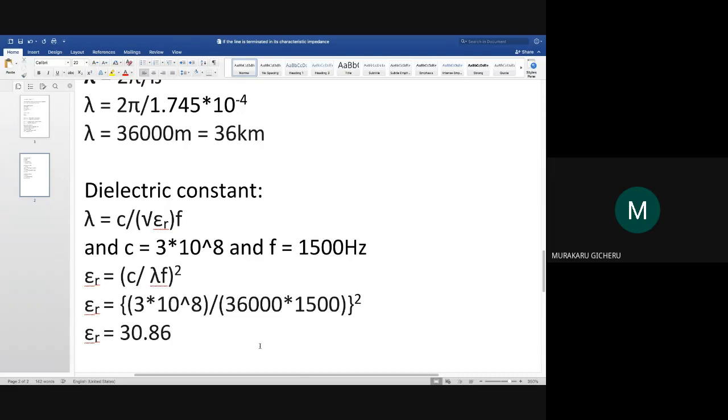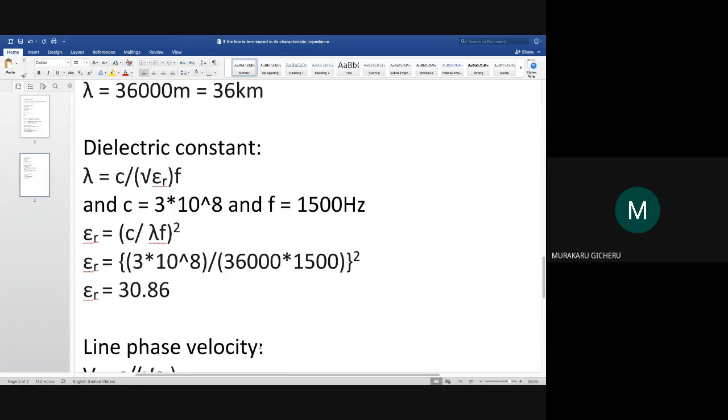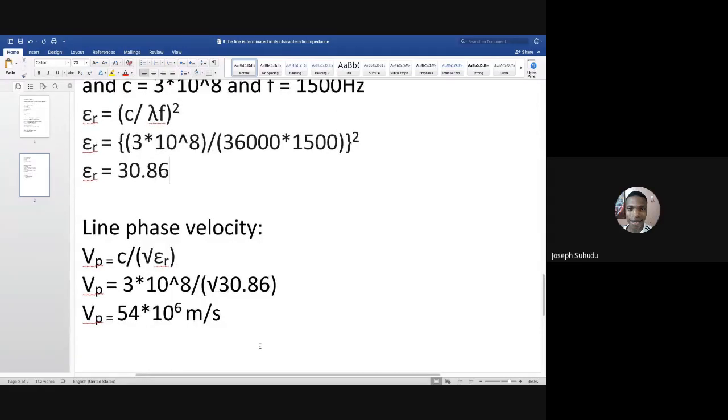So the last part is the line phase velocity. Vp is equal to C over the root of ER. I think we have already seen that. So you just plug in your values of C and your new value of ER.